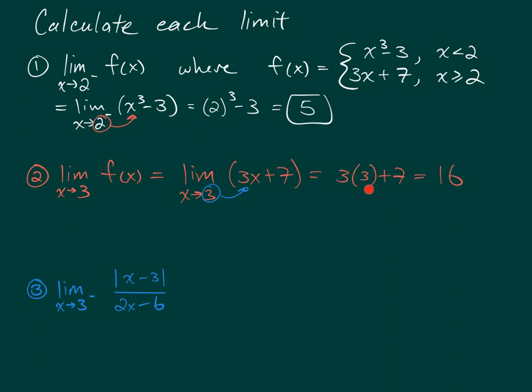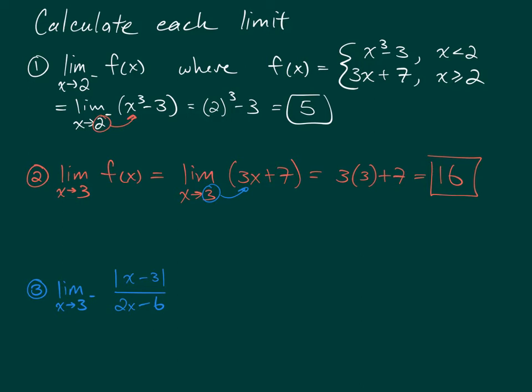We have 3 times 3 plus 7 when that direct substitution gets made in here. 3 times 3 is 9, plus 7 is 16. So the limit as x approaches 3 of f of x, we had to find out which function to use, and it ended up being the bottom function, is 16.